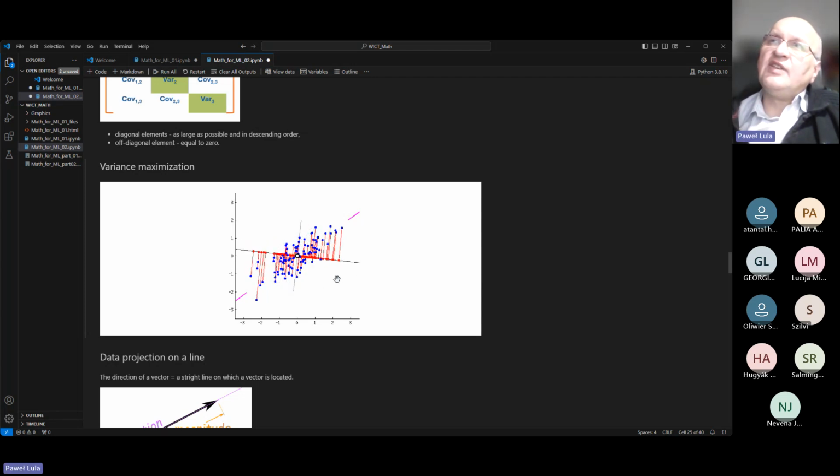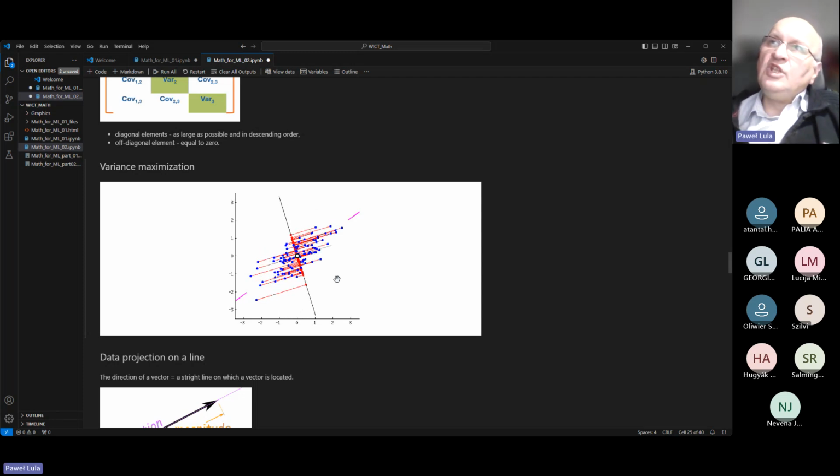And the first axis also should cross this point 0, 0. We try to rotate it and to find the optimal position. We see these red points on this line, on this axis. These red points represent projections of these blue objects which we have.